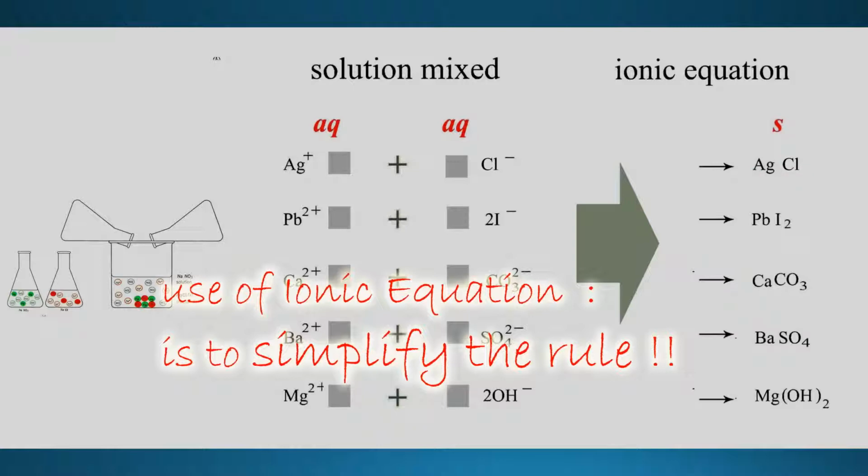So this rule helps to simplify many equations. The purpose of the ionic equation is that now you can simplify all the big complex equations into just a few steps, memorizing only a few rules, and then I'll say yes, you complete the precipitation rule.